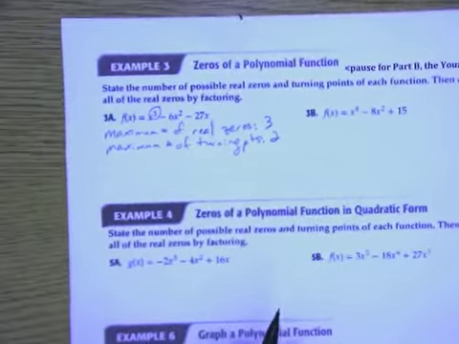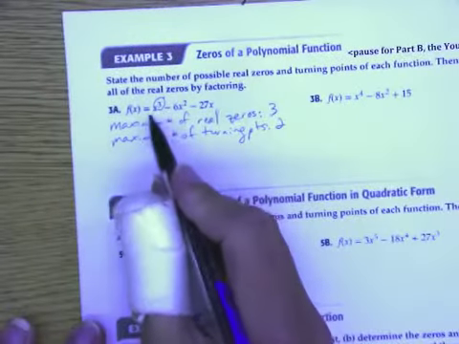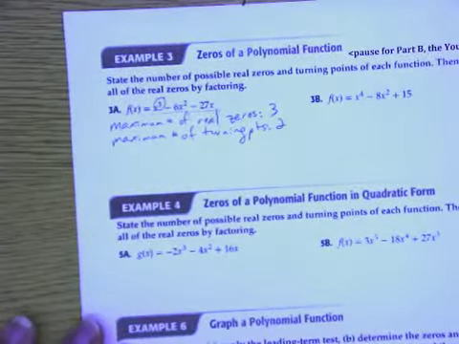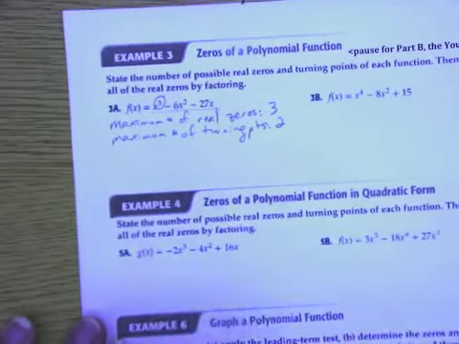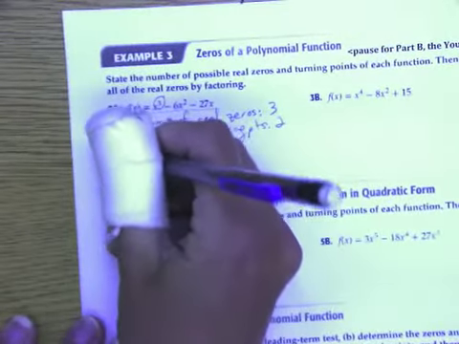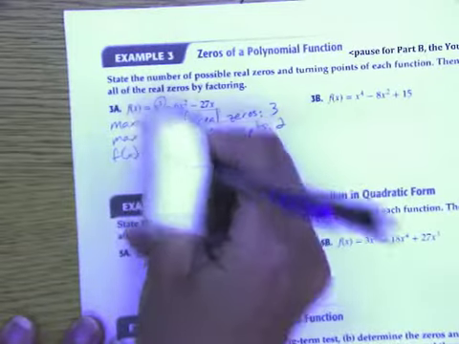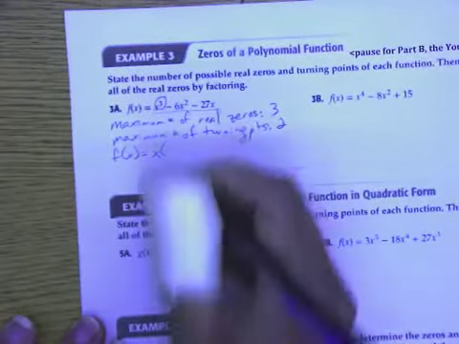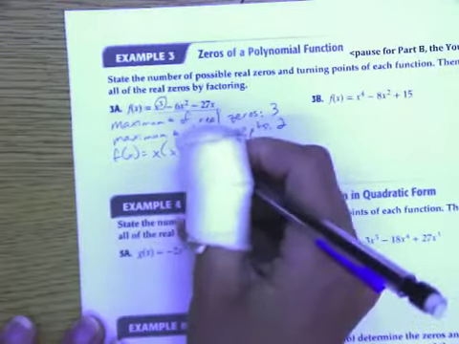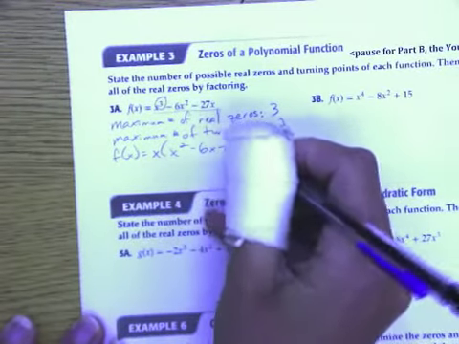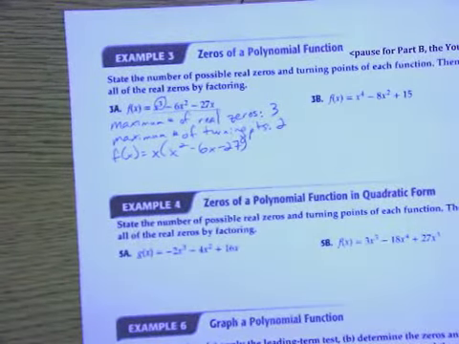And then the instructions say determine all of the real zeros by factoring. Factoring, that's not going away. Okay, so I look at this polynomial and I realize that it has the greatest common factor of x. So f of x equals x times x squared minus 6x minus 27.